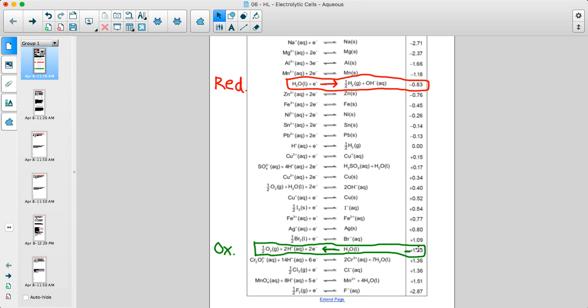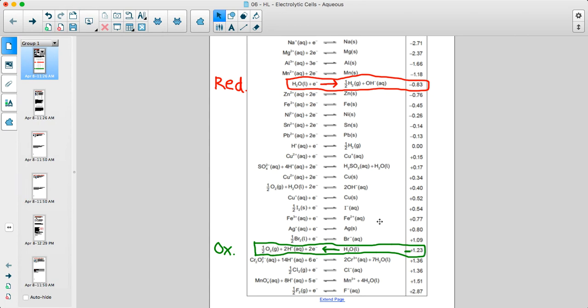And the potential, because we flipped it, is no longer positive 1.23 as the table says, but it's negative 1.23 to go in that reverse direction. So the takeaways are that for water to be reduced or for water to be oxidized, both of those processes are not spontaneous processes. They both have negative potential values, negative 0.83 volts and negative 1.23 volts. But if you put in enough energy in the form of electricity, you can cause these different processes to happen.